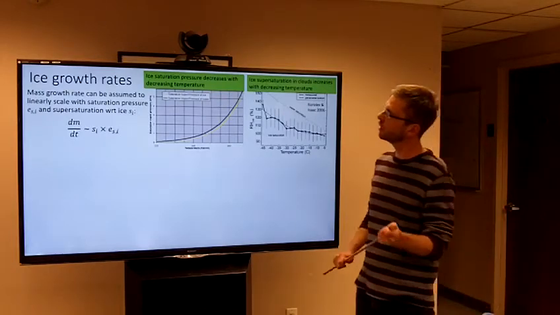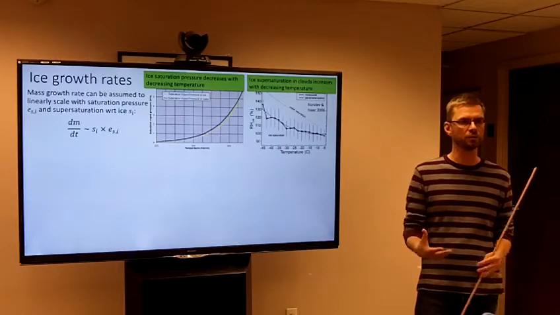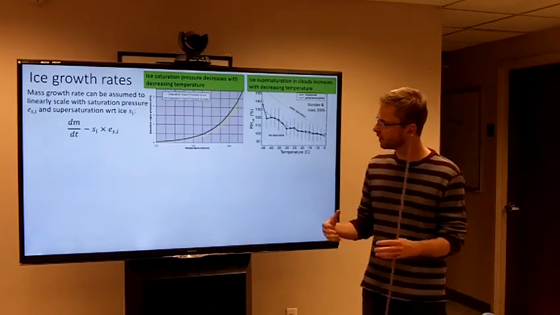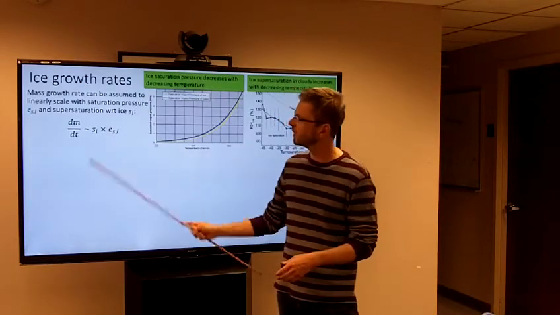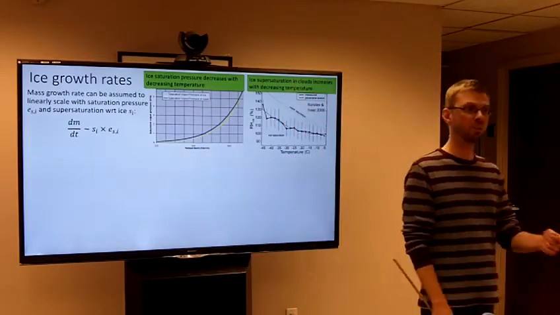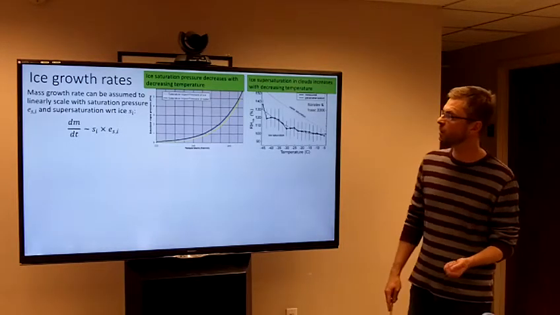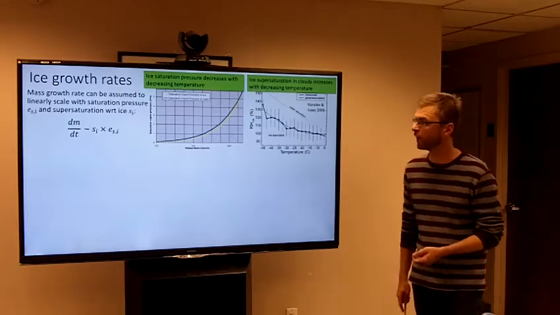And so growth rate can depend on a lot of different factors, but in approximation, they depend on the supersaturation over ice, and they depend on the saturation pressure of ice.